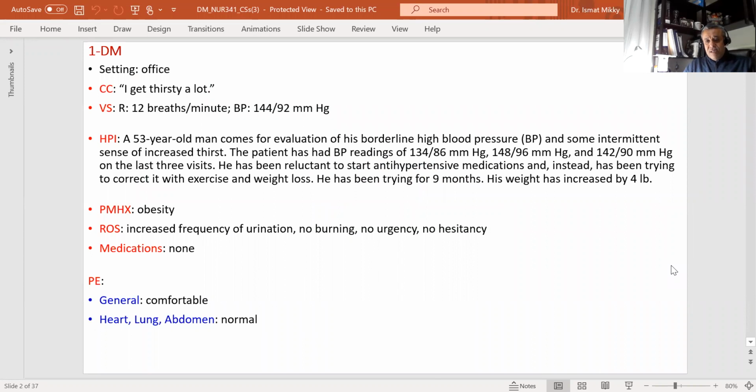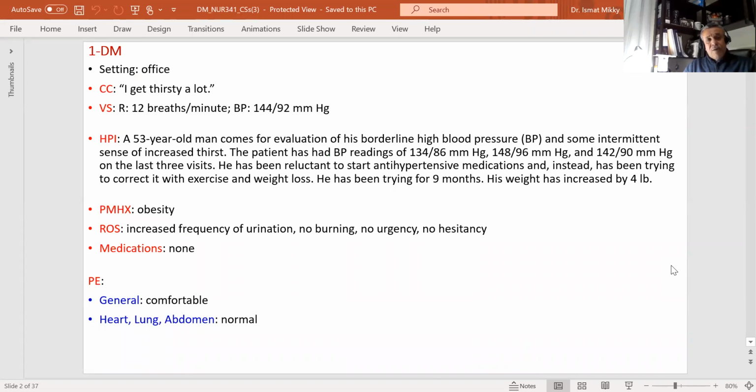So the first case study, setting: office. The chief complaint: patient is becoming thirsty a lot or most of the time. Vital signs: respirations 12, blood pressure 144 over 92.